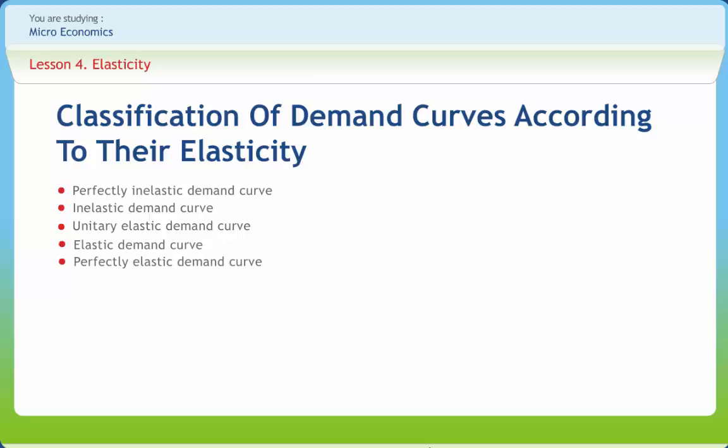Elasticity of demand equals percentage change in demand of good X divided by percentage change in price of good X. If the PED is greater than 1, the good is price elastic. Demand is responsive to a change in price. If, for example, a 15% fall in price leads to a 30% increase in quantity demanded, the price elasticity equals 2.0.